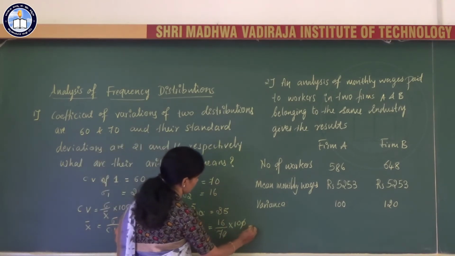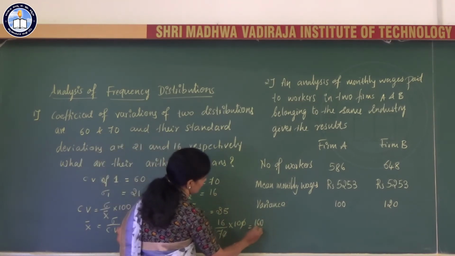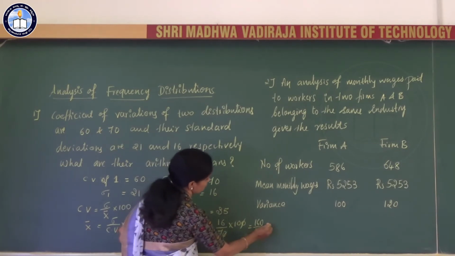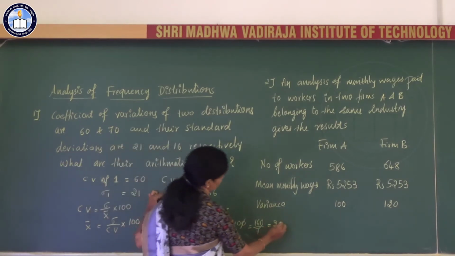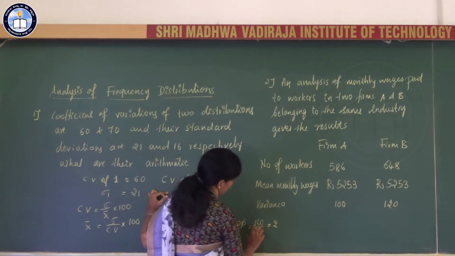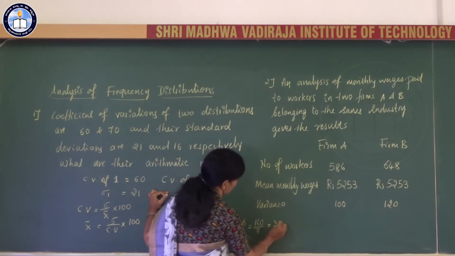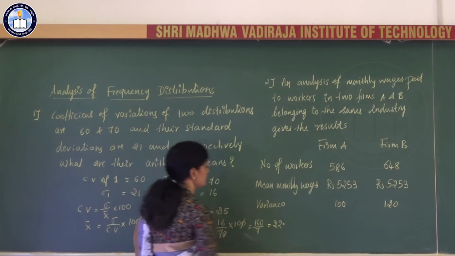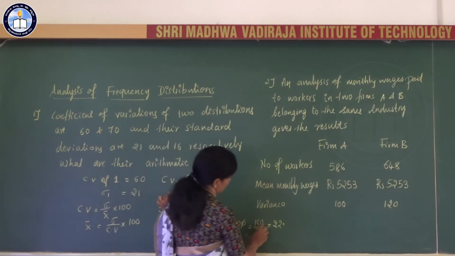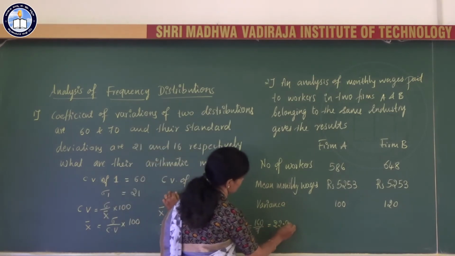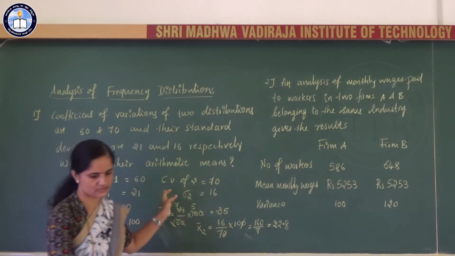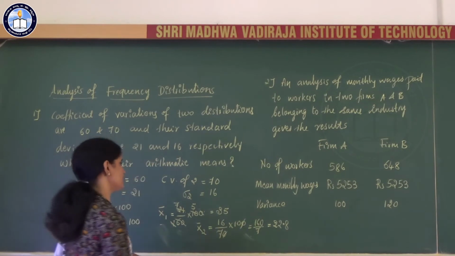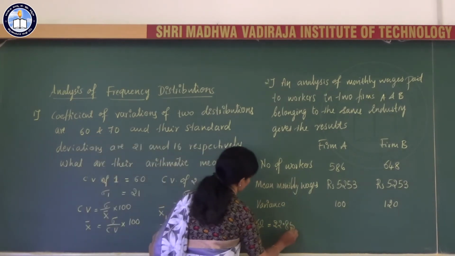Therefore this is equal to 160 divided by 7. 7 2s are 14, 7 2s are 14, and you will remain with 60, so that's equal to 8. So I will take the rough value, 22.8 you will get here, or if you continue you will get 22.85.